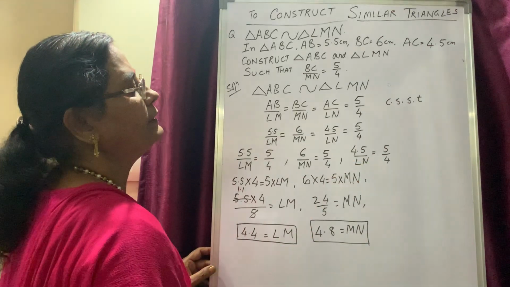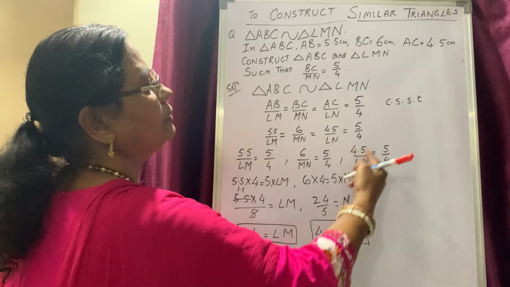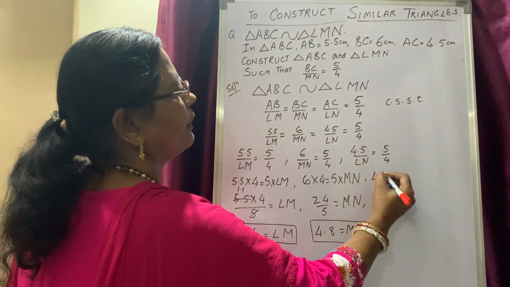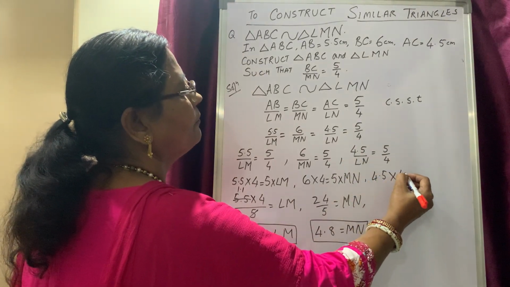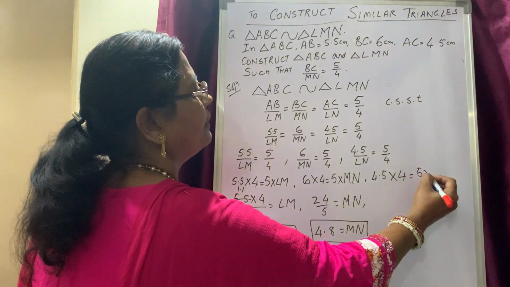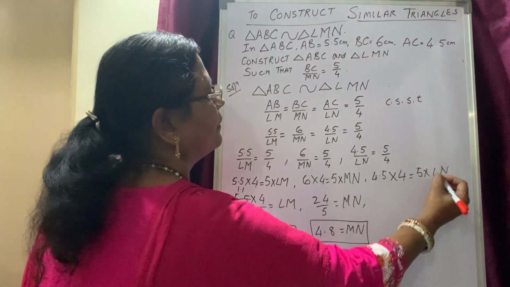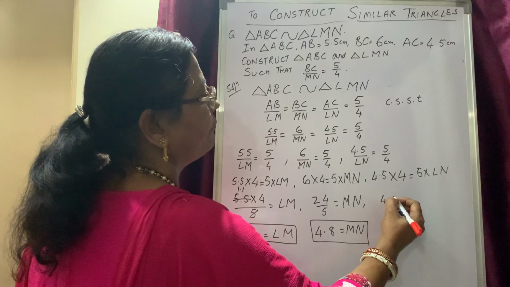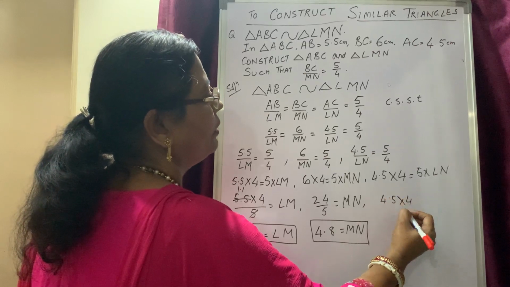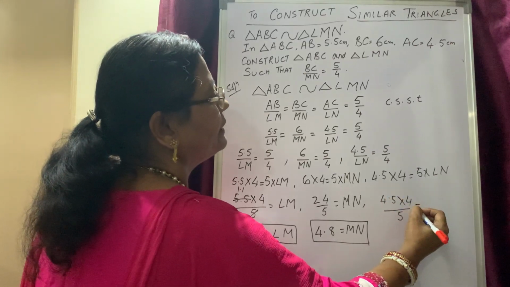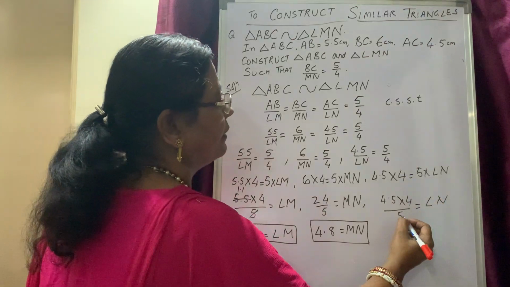Now to calculate the third side LN, again we will cross multiply. So 4.5 into 4 is equal to 5 into LN. Therefore, 4.5 into 4 upon 5 is equal to LN.